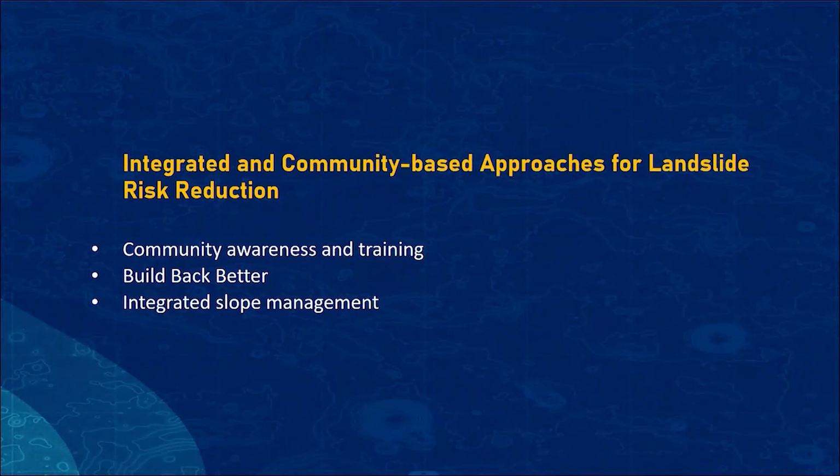Build back better is applied after a major landslide. Settlements in very high-risk zones are relocated to safer locations. Rebuild roads, houses, schools, and bridges, incorporating proper drainage, slope stabilization, retaining structures, and resilient design to withstand future events.